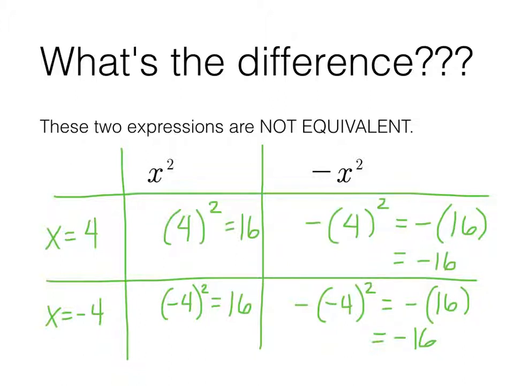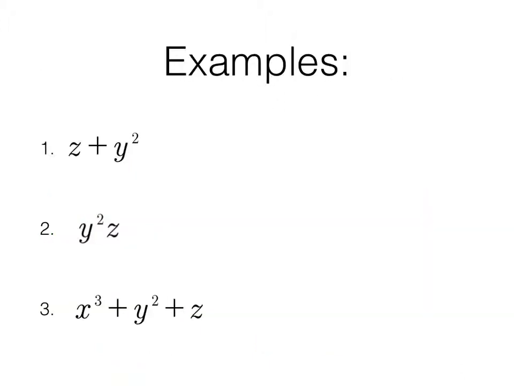Let's put this into action with a couple more expressions to evaluate before we finish this video. All right, and once again, I need my image with the values for x, y, and z.